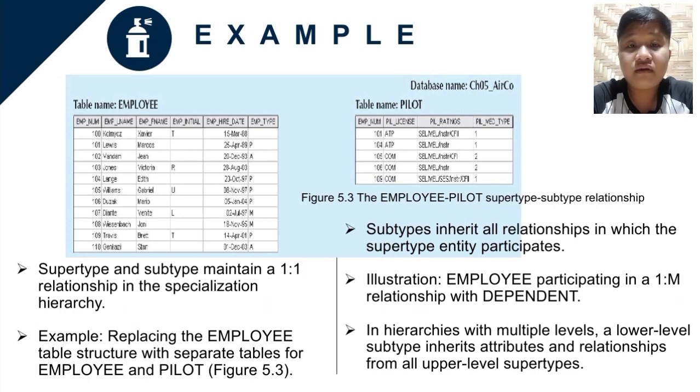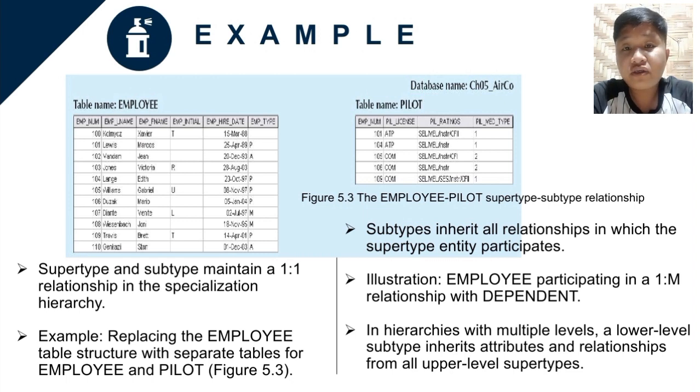Each subtype inherits common attributes from the general employee entity, while also having unique attributes that reflect their differences. The primary key attribute for each subtype remains the same as the supertype, allowing for unique identification.